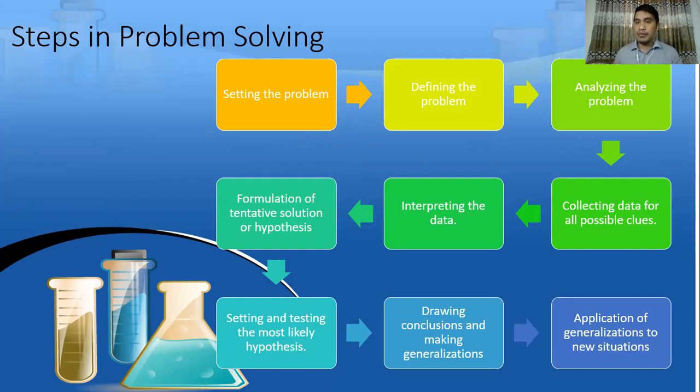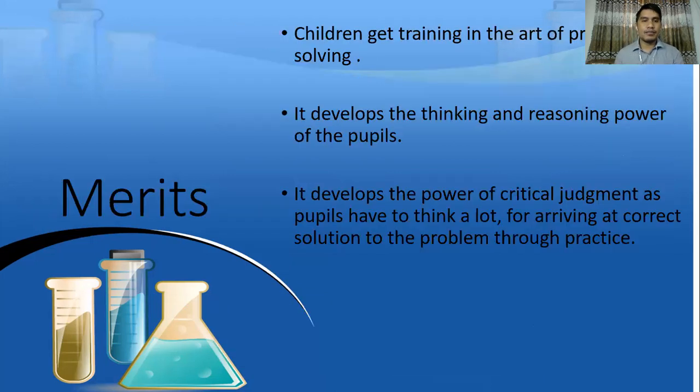So that's problem analysis, so that we can understand well what this problem is all about. And then we collect data for all possible clues, we interpret the data, we formulate a tentative solution or hypothesis, then we select and test the most likely hypothesis, draw conclusions, and make generalizations, and then apply generalizations to new situations.